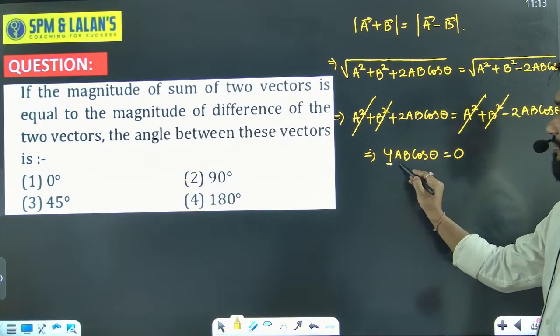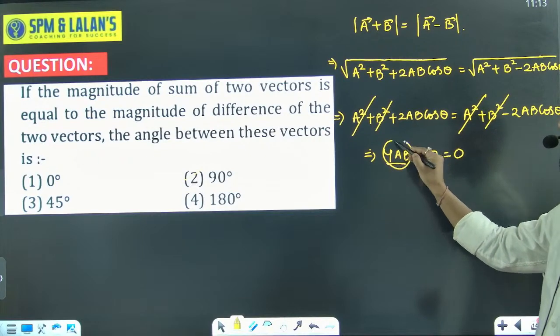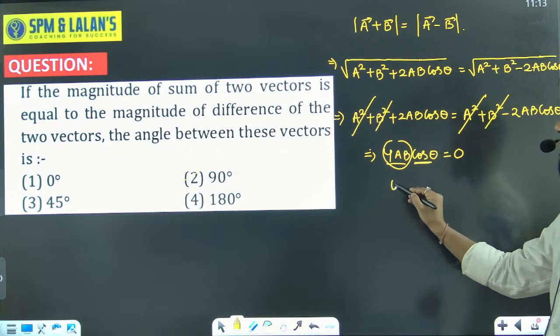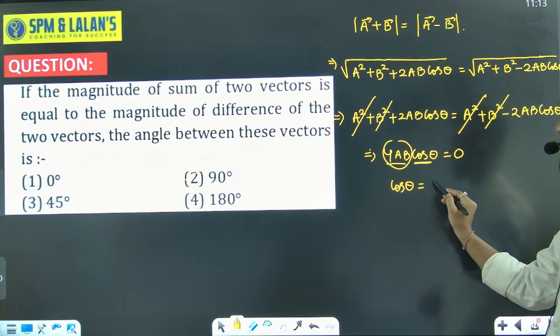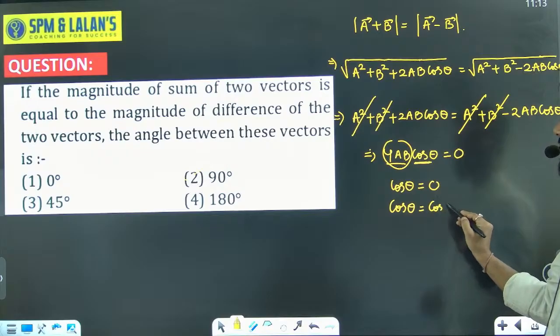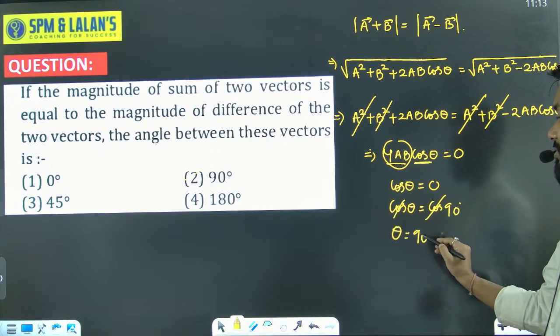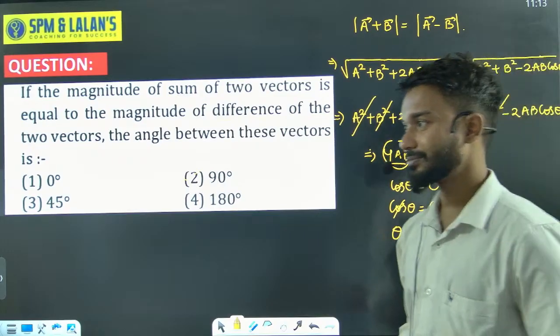All these are magnitudes, which cannot be 0. The product of things is 0, which means the other thing has to be 0. That means cos theta equals 0. So cos theta equal to 0 means cos 90 degrees, and we get the theta value equal to 90 degrees.